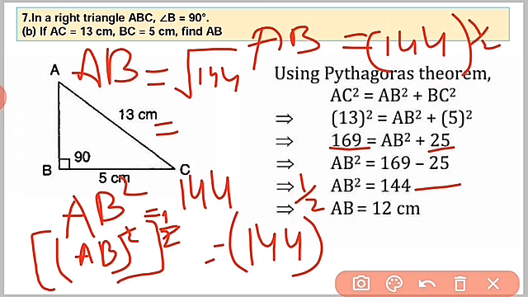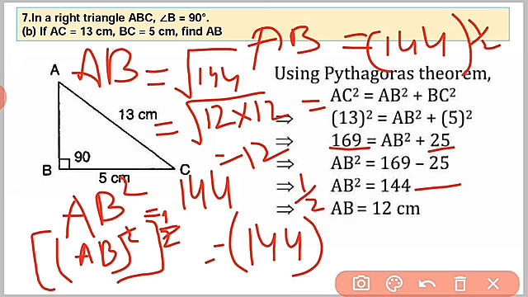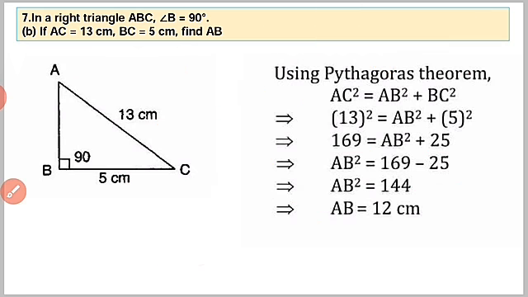So 144 is a square of 12, so we can write it as 12 multiplied by 12, that means 12 squared. So the answer is 12. So the side AB is 12 centimeters.